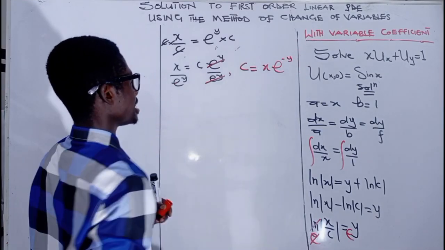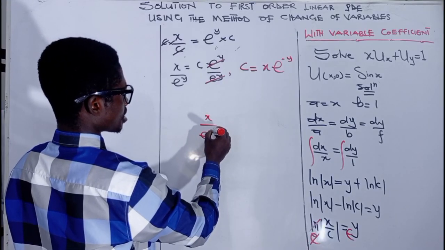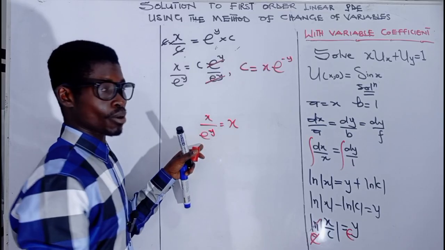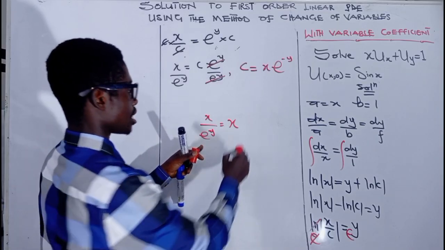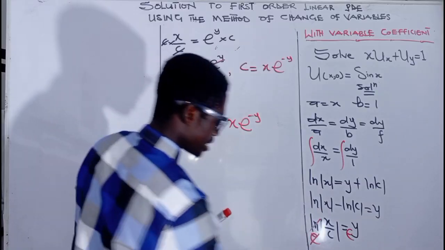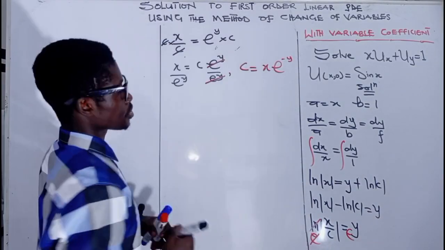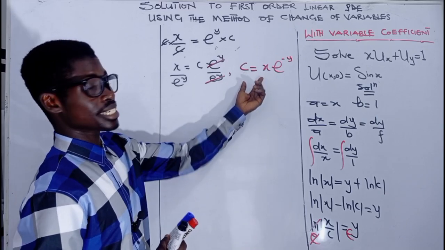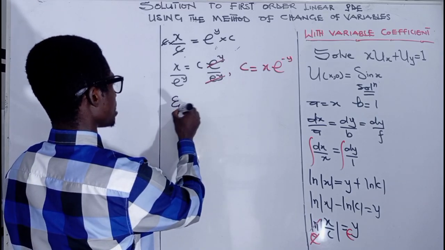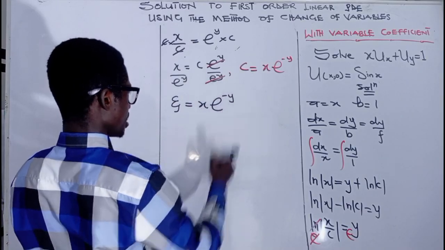We can write this in an index form, because when we have x over e exponent y, we have x, and then applying our indices, negative reciprocal, we can write it as e exponent negative y. Very, very easy and simple. We said that when you find the solution, you set the solution to xi. So we have xi is equal to x e exponent negative y.